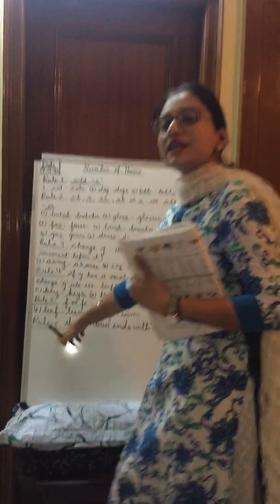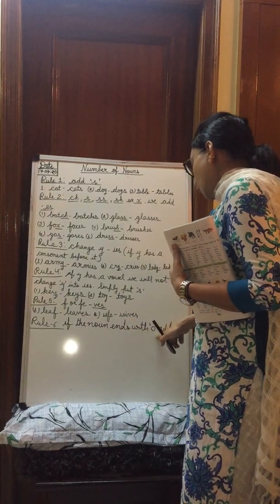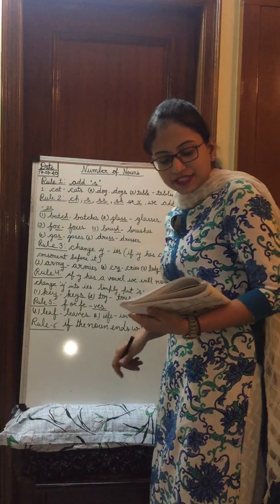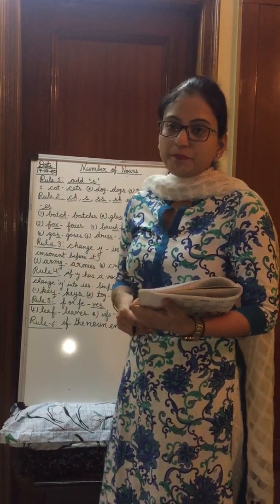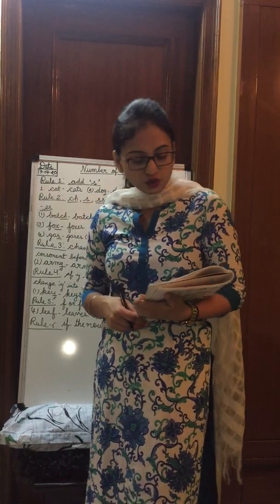So rule number 6 is, if the noun ends with O, we have to add es. Some examples are hero, heroes, mango, mangoes, potato, potatoes, tomato, tomatoes.